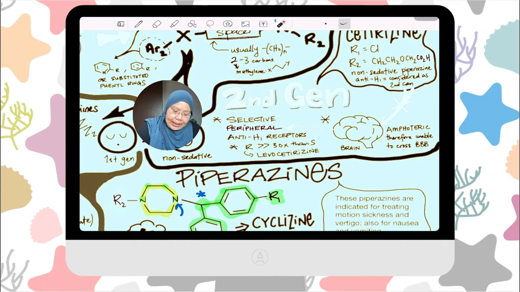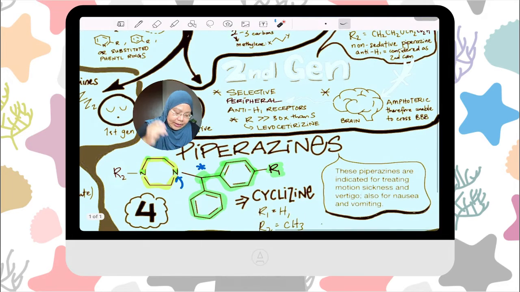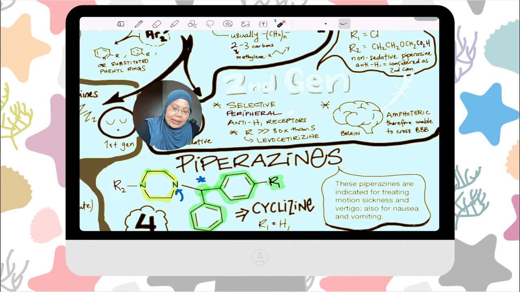Why is it non-sedative? If you look at the structure, this structure is an amphoteric structure. What do I mean by that? Take a look at the structure and let me know what amphoteric means.